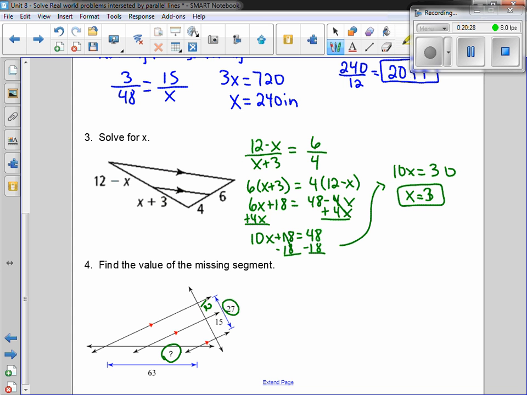So I can actually ignore the 12 that I just found and compare the biggest side with the smaller piece. So I have 15 compared to 27 is equal to x compared to 63. When I cross multiply, 27x is equal to 945, and divide by 27, and I find out that x is equal to 35.